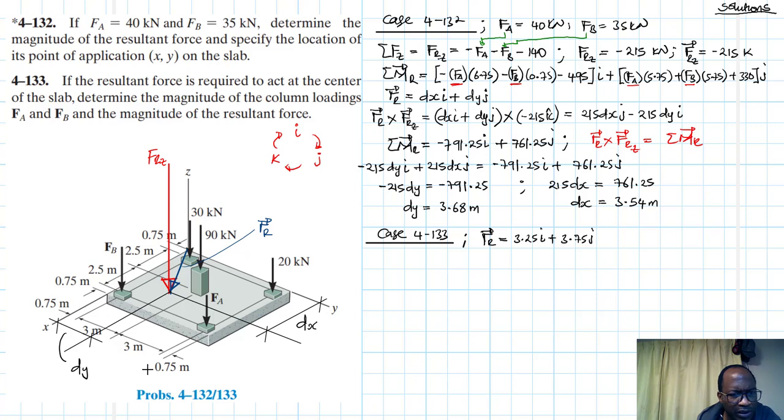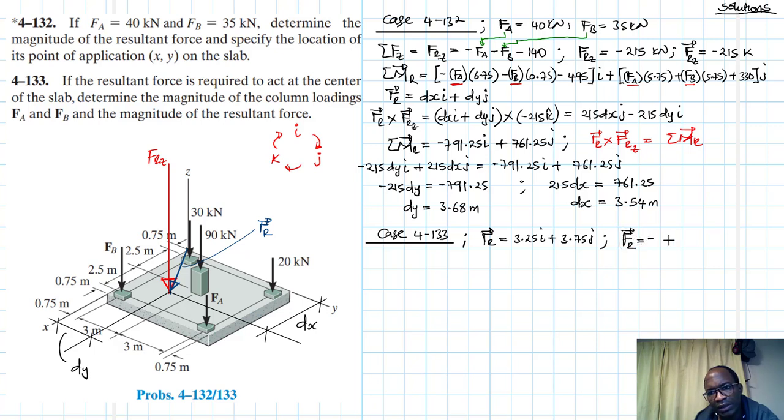Because the whole length is 7.5, divided by 2 is 3.75, and the whole length on the other side is 6.5, which halved is 3.25. Okay, that's fine. And then we have the resultant. Since we want to find FA and FB, our resultant as a vector will be like this.